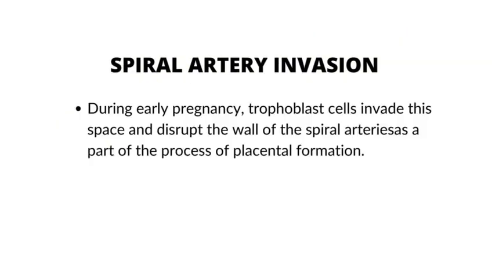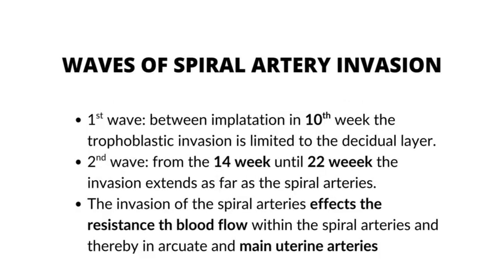Now the spiral artery invasion. During early pregnancy, trophoblast cells invade this space and disrupt the wall of spiral arteries as a part of the process of placental formation. Now there are waves of spiral artery invasion. In the first wave, between implantation and the 10th week, the trophoblastic invasion is limited to the decidual layer.